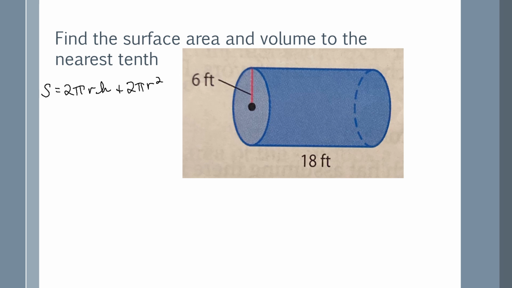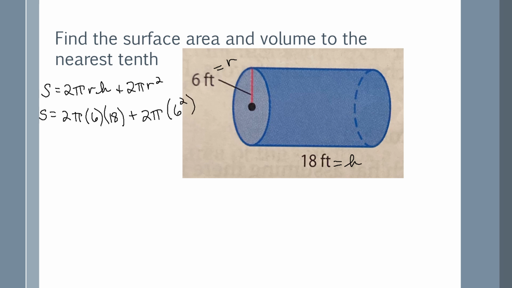This is r, that's the radius. 18 is the height of the cylinder. So we're just going to plug in. We're going to say 2 times pi times the radius, which is 6, times the height, which is 18, plus 2 times pi times the radius squared, which is 6 squared.